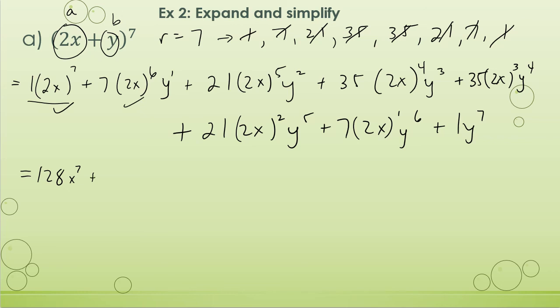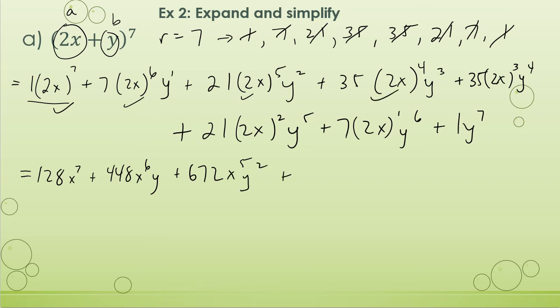2 to the power of 6 is 64 times the coefficient 7, 448 x to the 6 y. Third term, 2 to the 5 is 32, times my coefficient, times 21, 672 x to the 5, y squared.